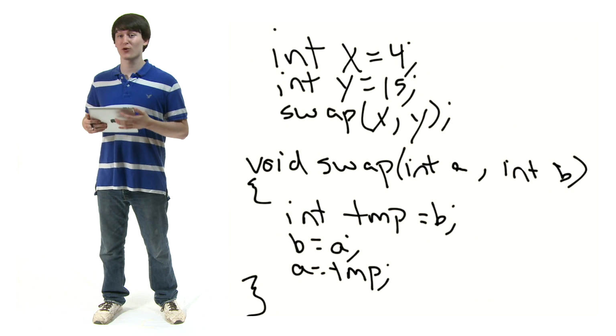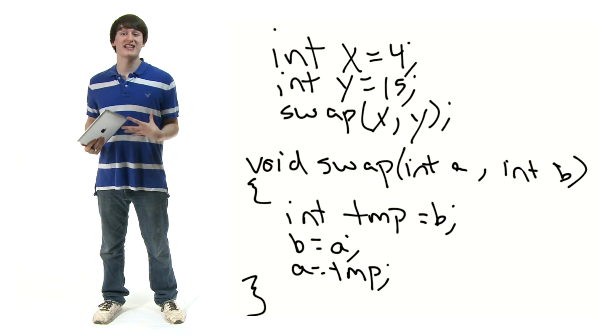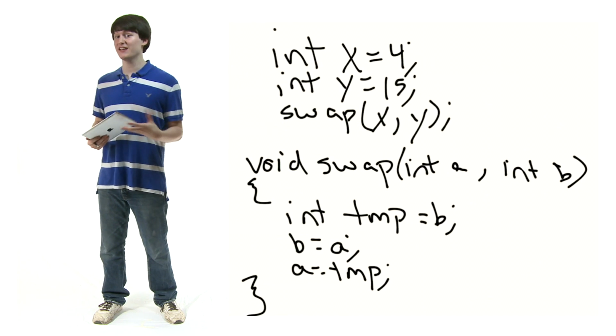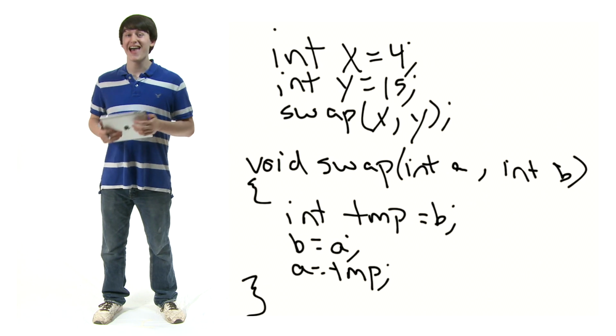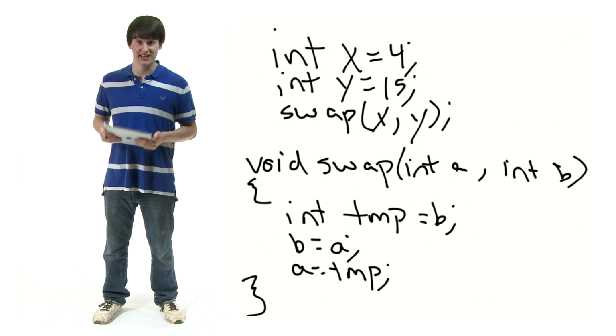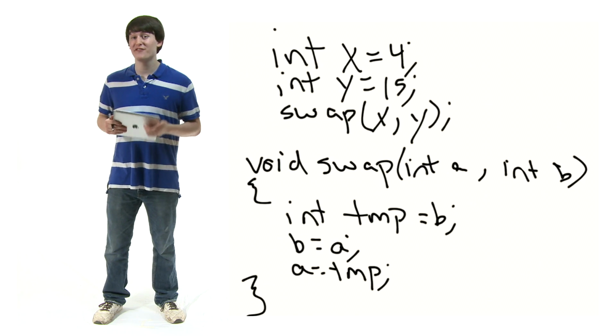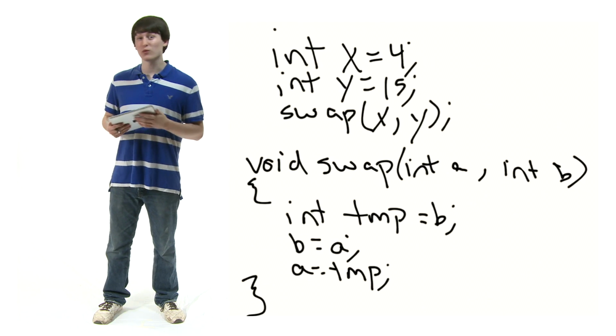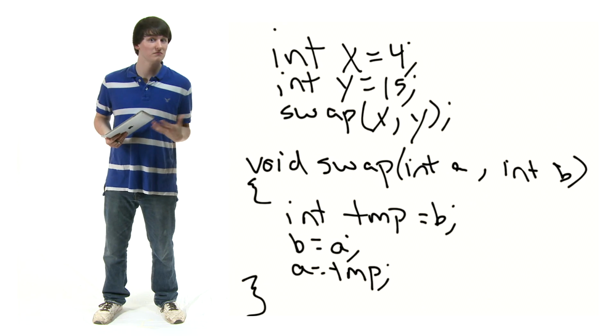Remember that the value stored in the variable a is just a copy of the value of x, and the value in b is copied from y. Any changes made to a and b will not be reflected in x and y. So while the values of a and b are correctly swapped, x and y haven't changed at all.